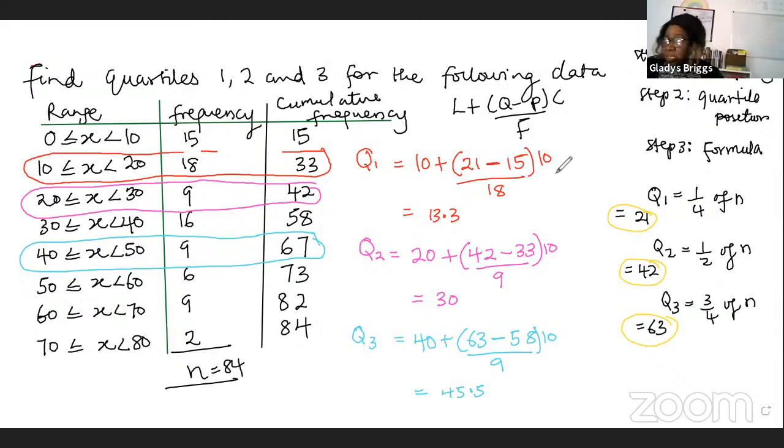So now the other thing that we have to do is known as mean deviation. Okay, mean deviation for grouped data. Mean deviation for a data set and frequency table, and mean deviation for grouped data.